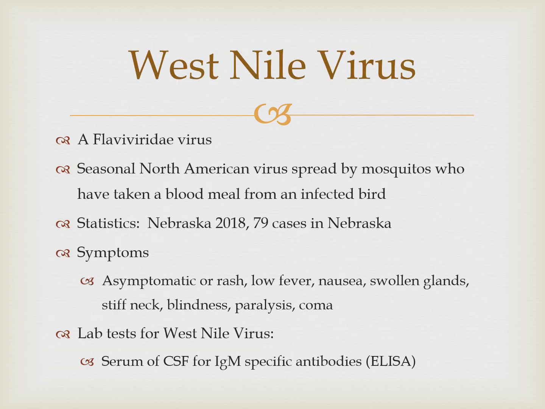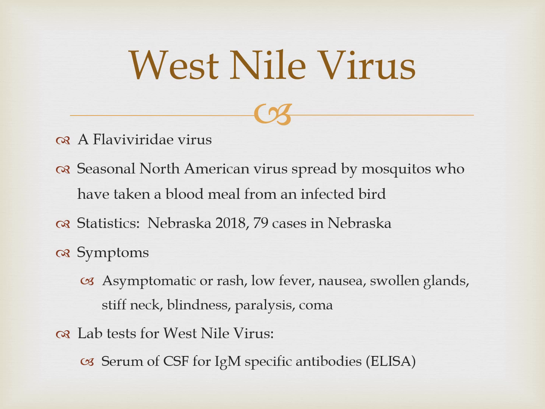I want to talk just a little bit more about West Nile virus. Like I said, it is a Flaviviridae virus. It is a seasonal North American virus spread by mosquitoes who have taken a blood meal from an infected bird. In 2018, there were 79 cases reported in Nebraska, and symptoms are very typical of viral illnesses: rash, low-grade fever, nausea, swollen glands, stiff neck.